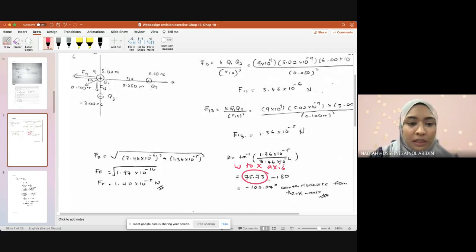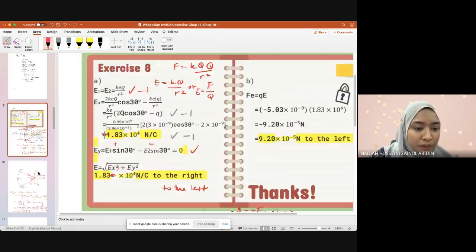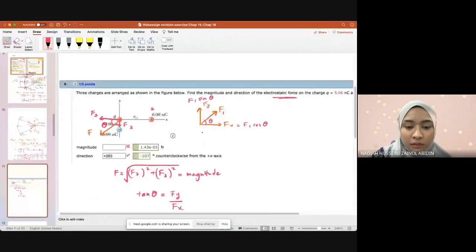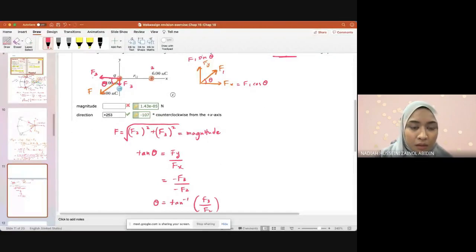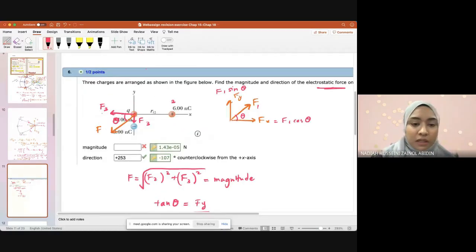Now, with that said, her answer is 75.73 with respect to the x-axis. But what I got over here is, I got my F over here, right? This is my F. Same as Fatihah's too. My F is down here, which means that the theta is not over here. The theta is over here.